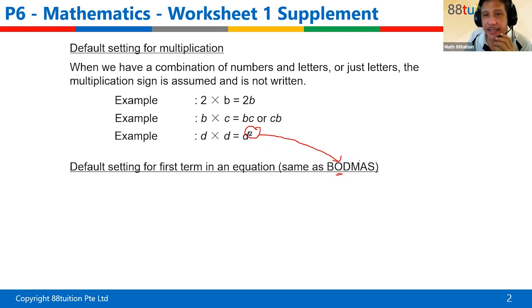Then comes the next two that must be done together. D and M are actually of the same importance. D is division, M is multiplication. So if you have an equation that has both division and multiplication, you need to look at the equation and follow the left to right rule. If the division appears on the left of the multiplication, you do division first.